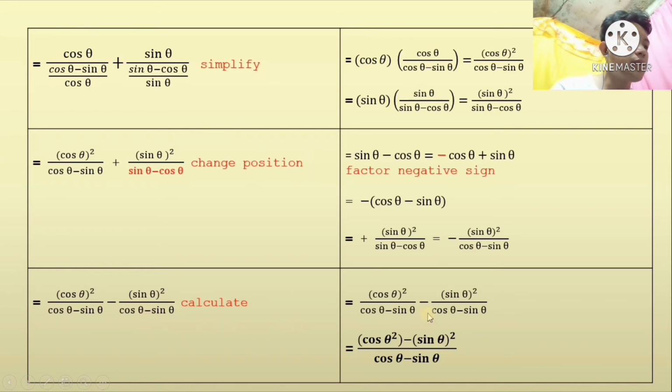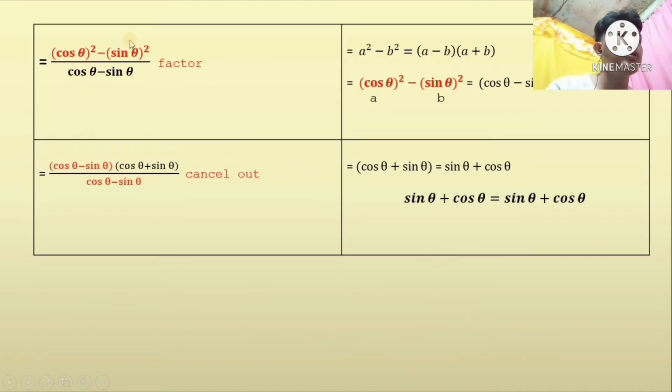So calculate. Minus, so it will become the square of cosine theta minus the square of sine theta over cosine theta minus sine theta. So factor cosine theta squared minus sine theta squared, so it will become cosine theta minus sine theta times cosine theta plus sine theta.